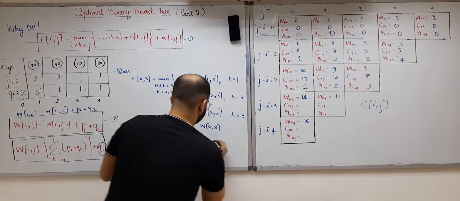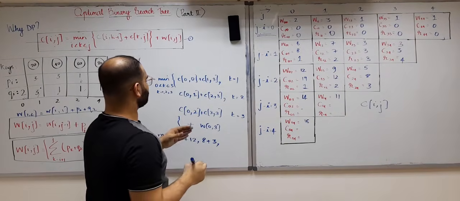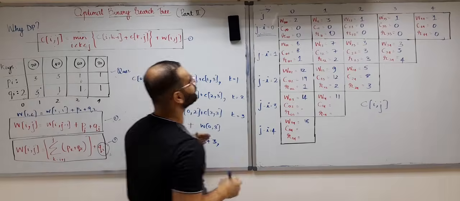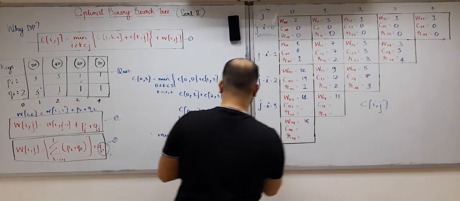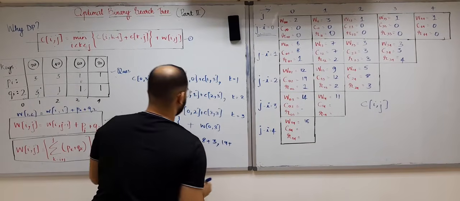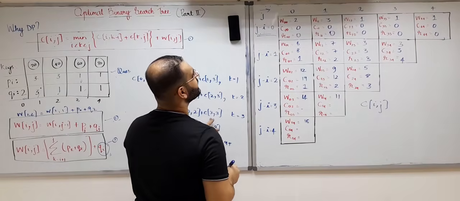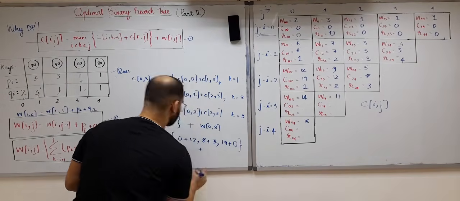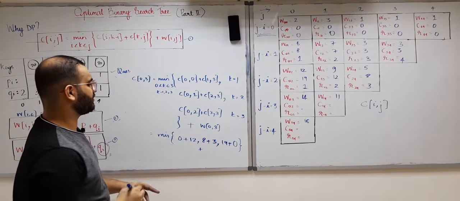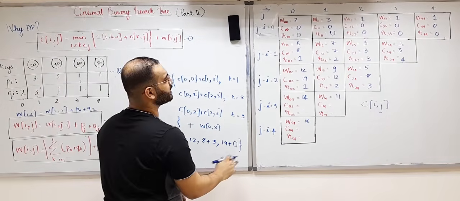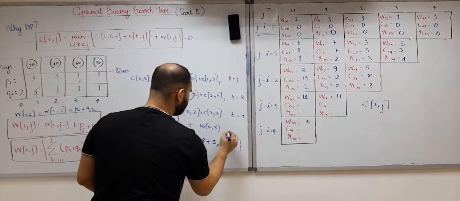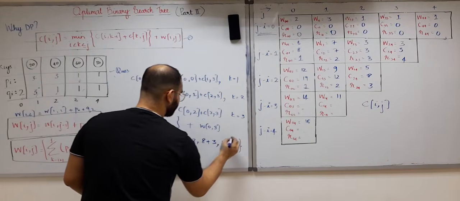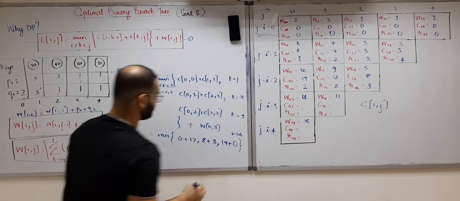It is 3. And what is C(0,2)? C(0,2) is 19. And C(3,3) is equal to 0. Plus the weight of (0,3). What is the weight of (0,3)? It is 14, so this will be plus 14.